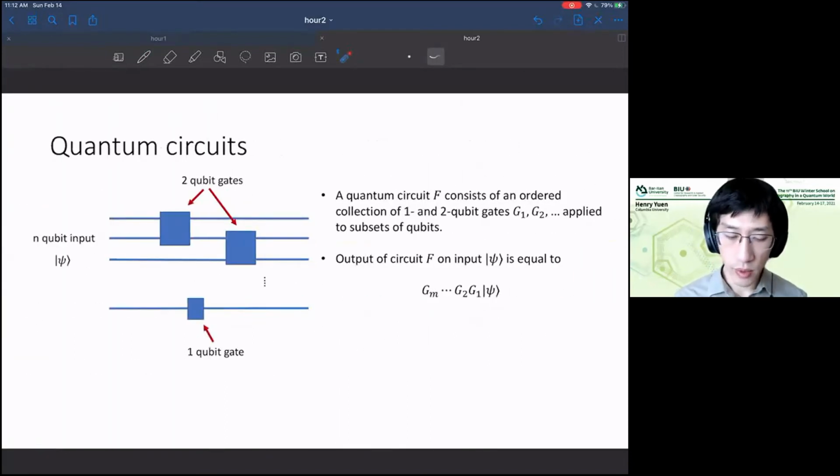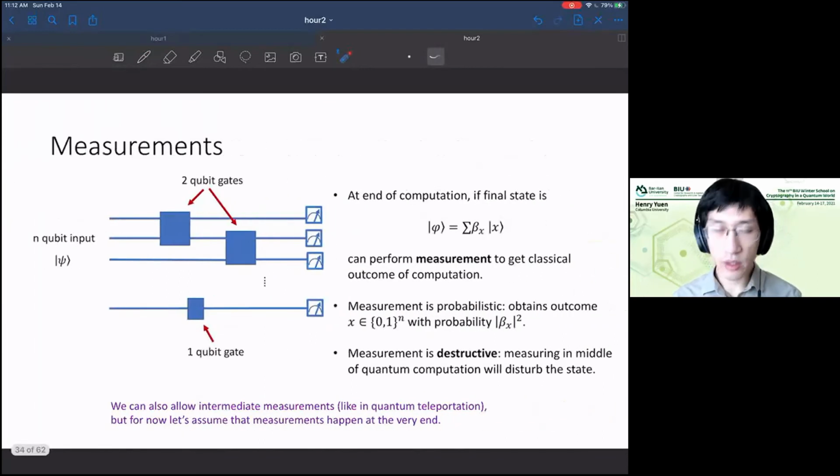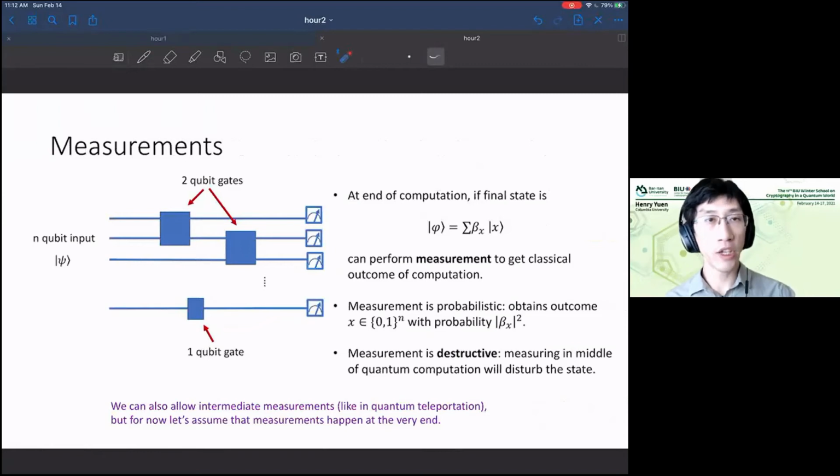All right. So quantum circuits, you have these wires, you have these qubits, and then you just apply gates to different subsets of them in some sequence. And generally speaking, even though before we could have intermediate measurements, we'll typically save all the measurements for the very end of the circuit, just to keep things simple.